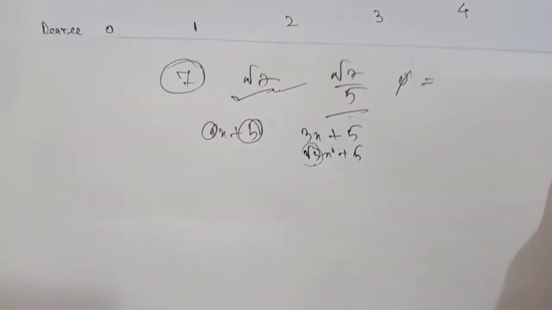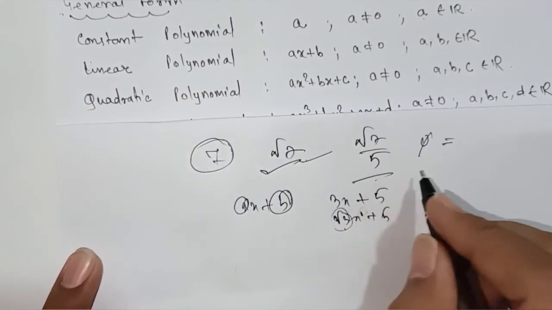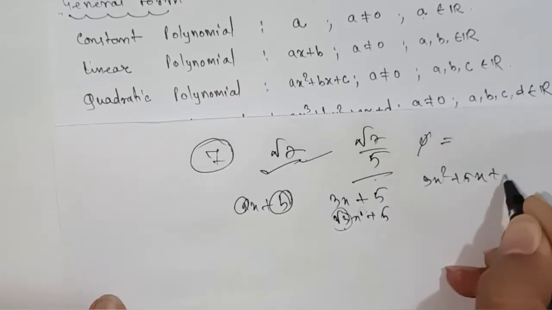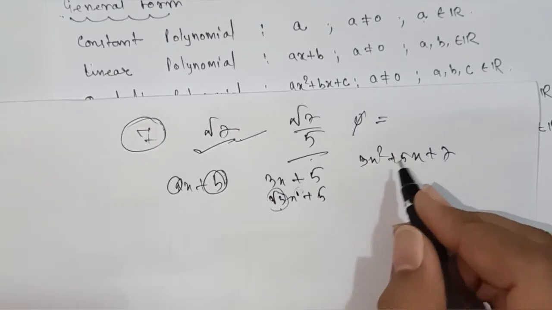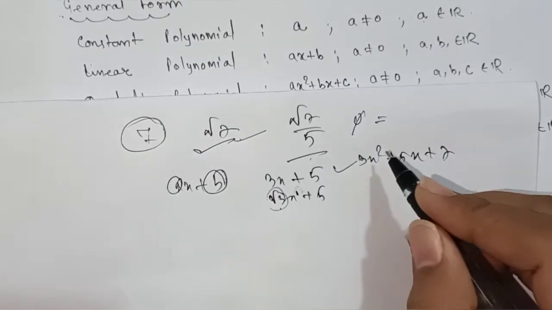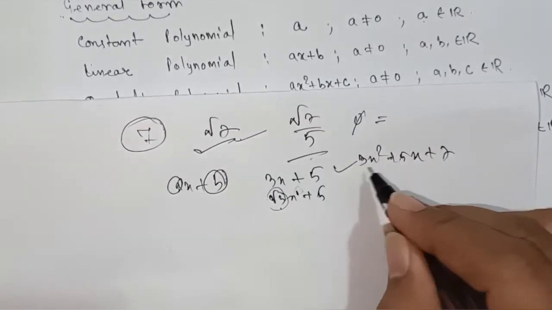Okay, so if we enter into the quadratic, what? Degree should be 2, so 3x square plus 5x plus 7. Why are you taking all this plus? If I take it negative, yes, you can take minus also, no problem. This is your degree 2, and another type is there, that is trinomial.